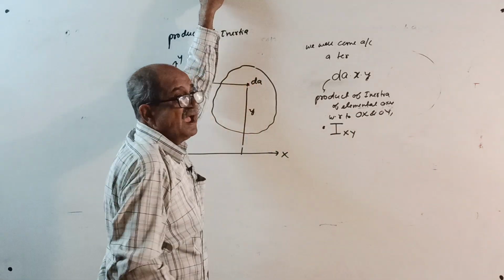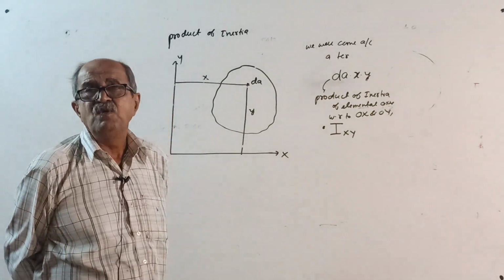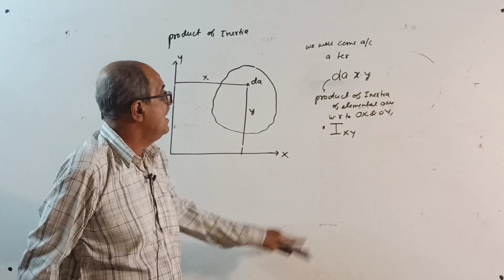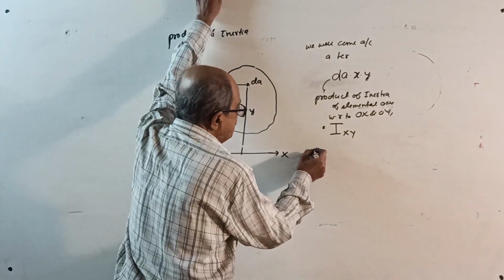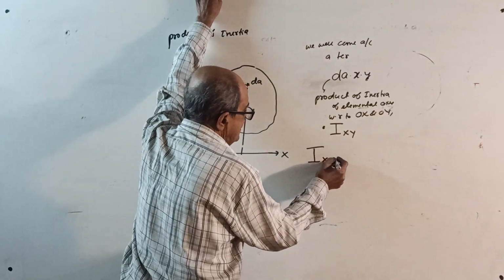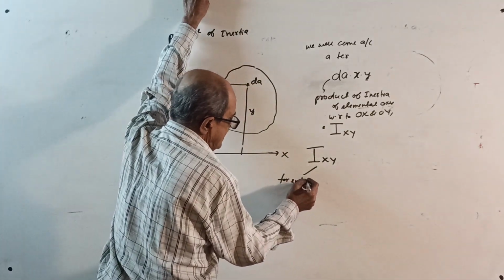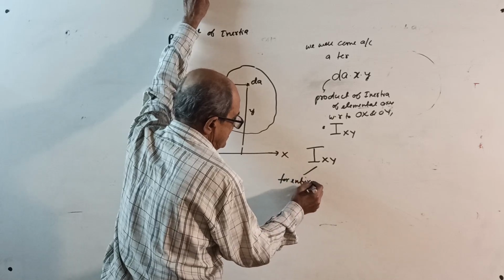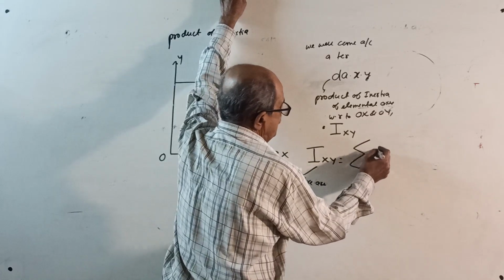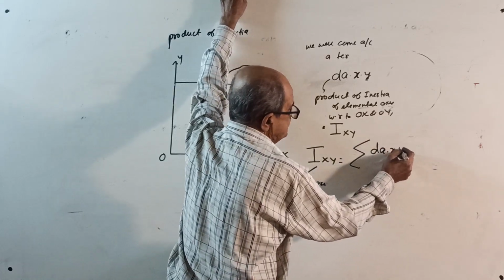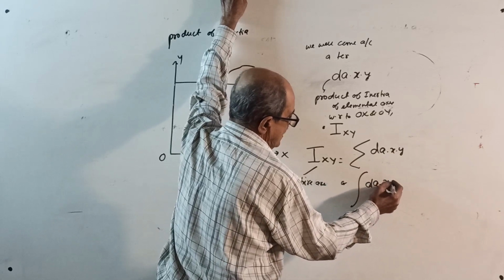IXX means moment of inertia about the XX axis, IYY means moment of inertia about the YY axis, and IXY means product of inertia. Therefore, the product of inertia IXY for the entire area equals either sigma of dA into x into y or integration of dA into x into y.